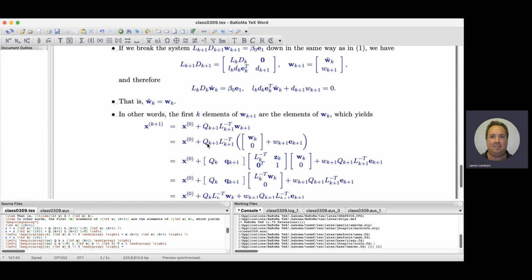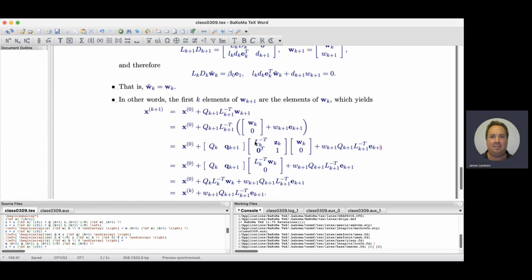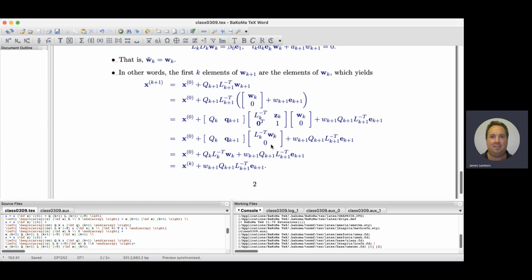And then I distribute this product, rewritten in this form, through this sum of vectors here. So now I have this part coming from here, and then this multiplying this over here. Here I carry out this matrix times this vector, which gives me this. And I still have this over here. Then I carry out this matrix times this vector, which gives me this.